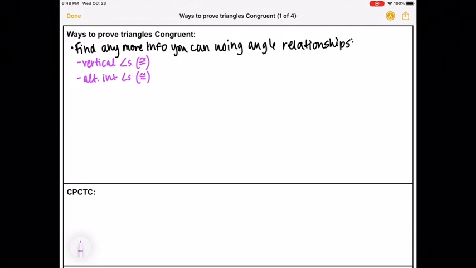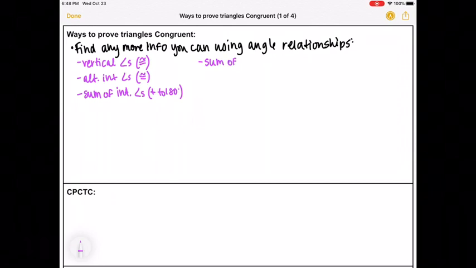Those are congruent as well. You could use the sum of interior angles relationship, which means all three add to 180 degrees.